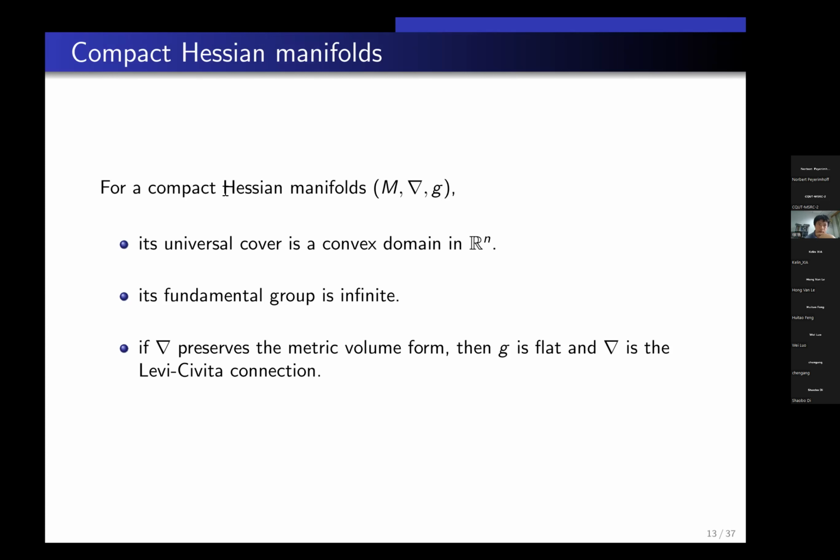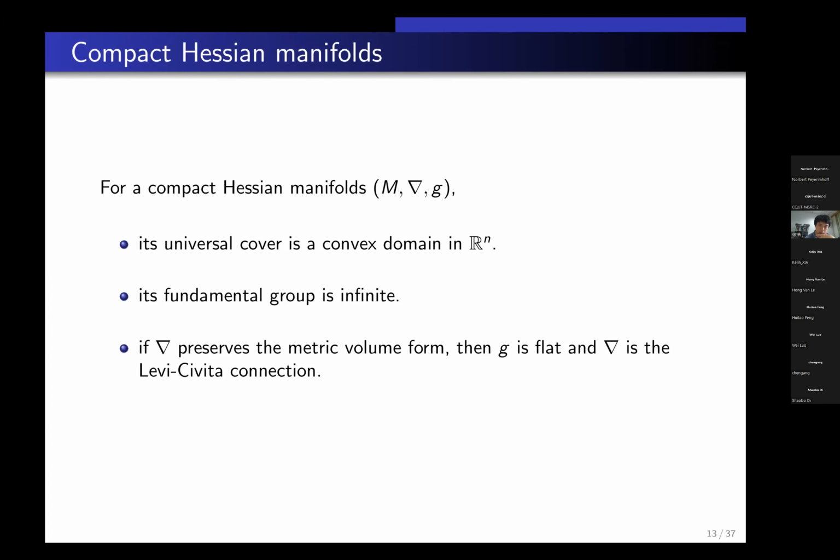When the Hessian manifold is compact, we have some topological consequences, like its universal cover is a convex domain. I think this is a theorem of the Japanese mathematician Shima. And its fundamental group is infinite. I think this is clear because a convex domain is non-compact, right?